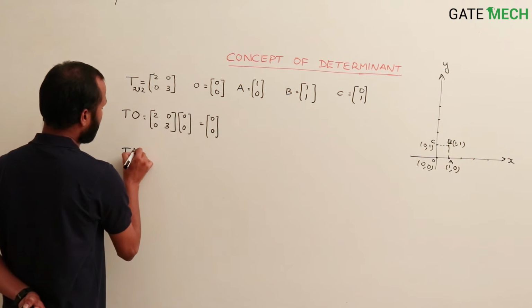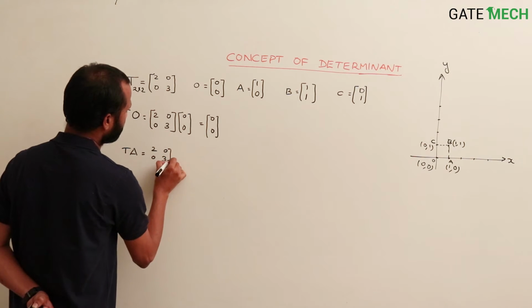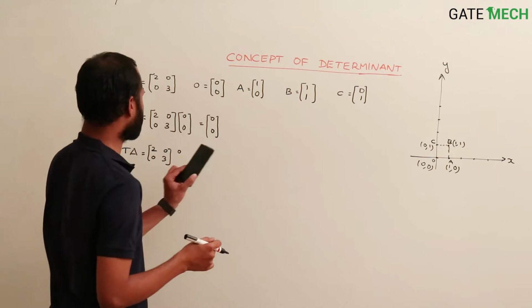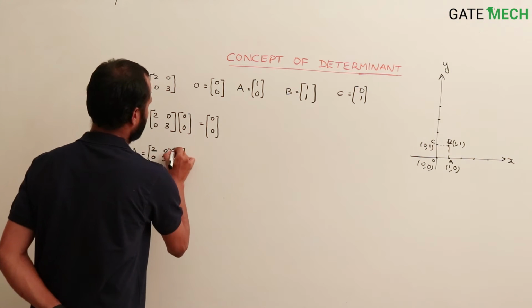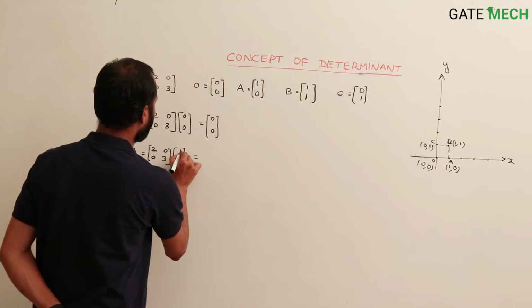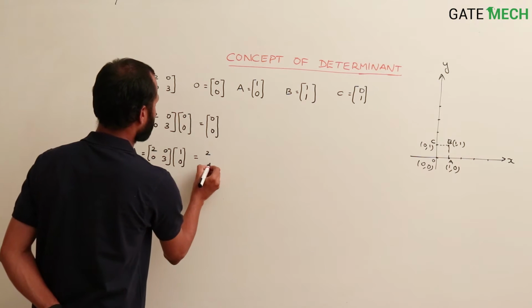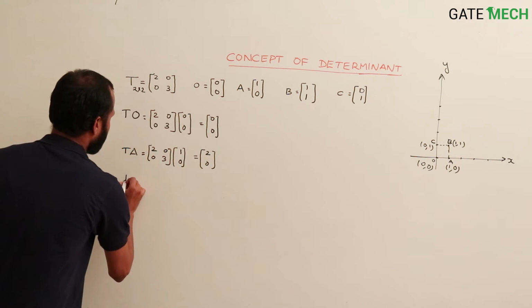Similarly, T into A, that is 2, 0, 0, 3 into A, which is 1, 0. This is equal to 2 into 1 plus 0 into 0, which is 2. 0 into 1 plus 3 into 0 is 0. So 2, 0.